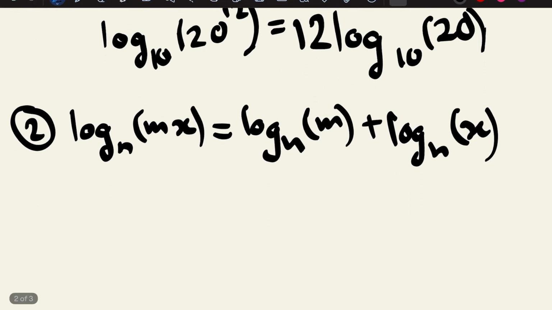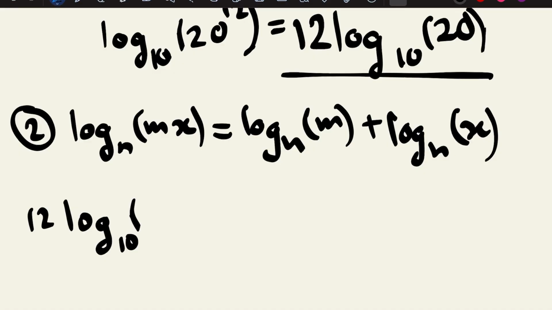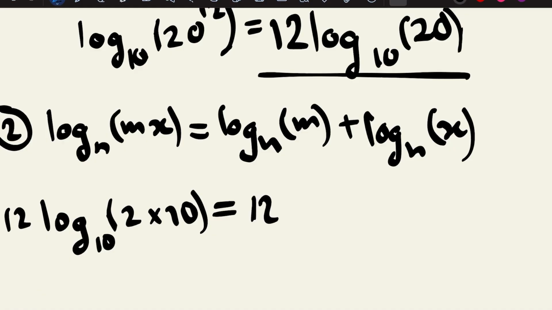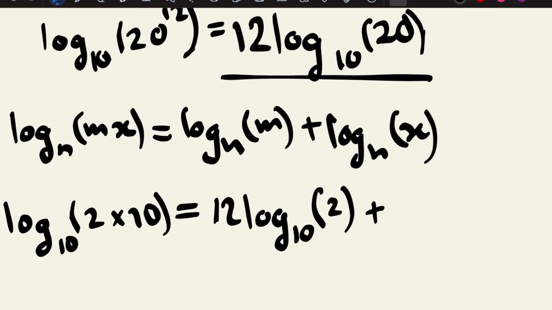So what this means is that we can write this as 12 log base 10 of 2 times 10. Is that true? Yes, because 2 times 10 is 20. And now we can expand this into 12 log base 10 of 2 plus 12 log base 10 of 10.